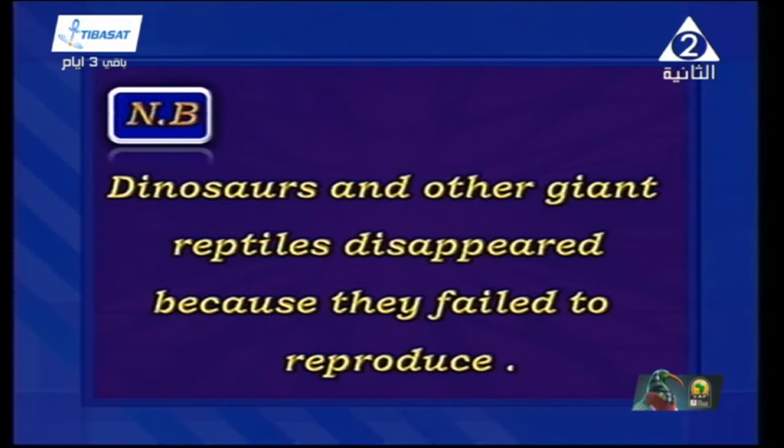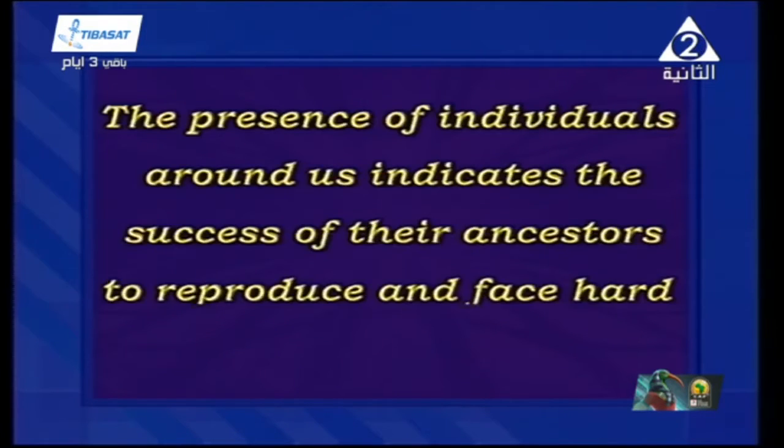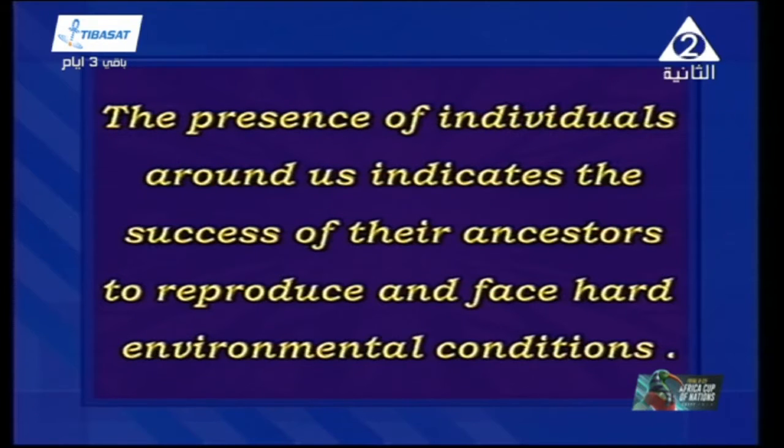And also, the presence of individuals around us is clear-cut evidence for the success of their ancestors, I mean the old species, to reproduce and to face and adapt to the harsh environmental conditions. So we have two great examples.